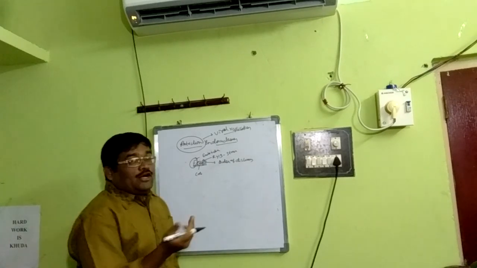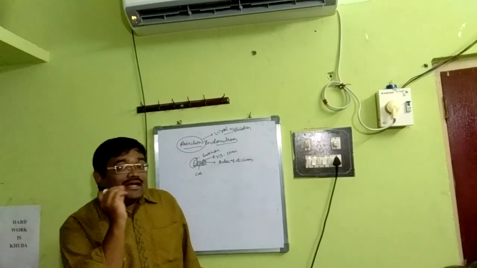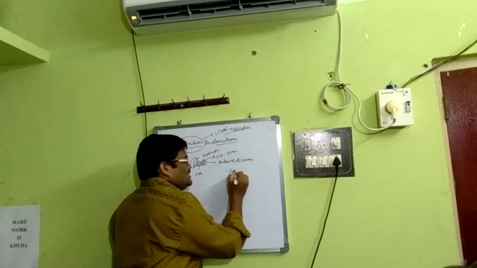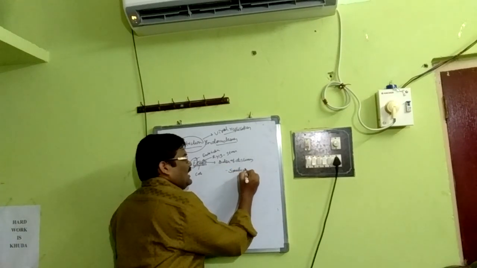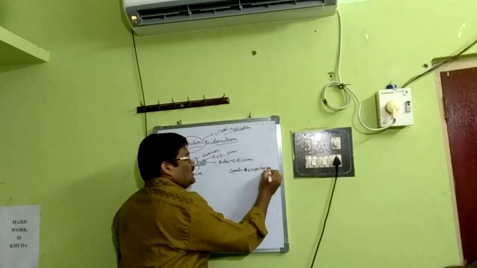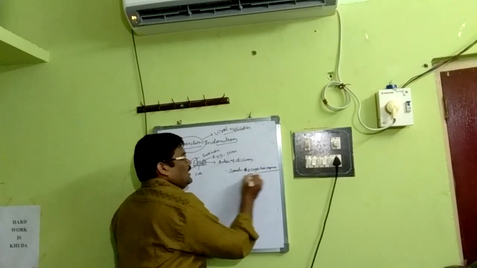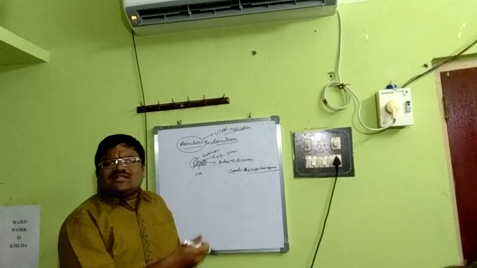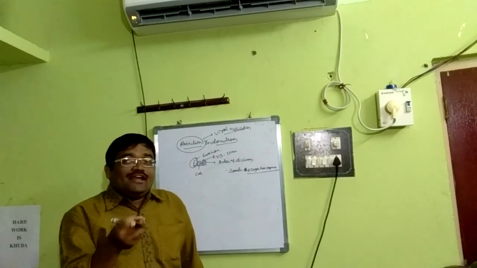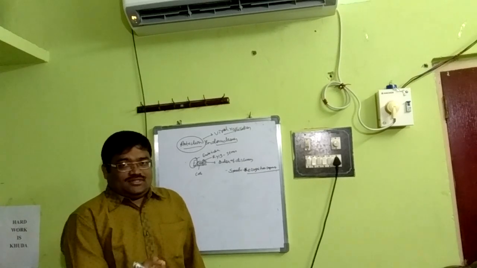And how it works: as I told you already, they specifically identify the DNA at what we call a recognition sequence, a specific recognition sequence. Each and every restriction endonuclease, and there are different restriction endonucleases, has its own recognition sequence.